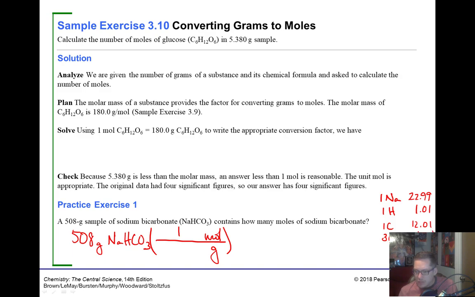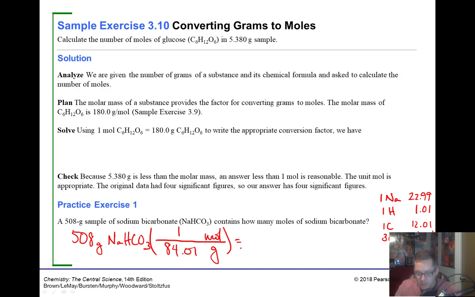We add those up: 22.99 plus 1.01 plus 12.01 plus 3 times 16 gives 84.01 grams per mole. This is the number that goes down there, grams per mole.